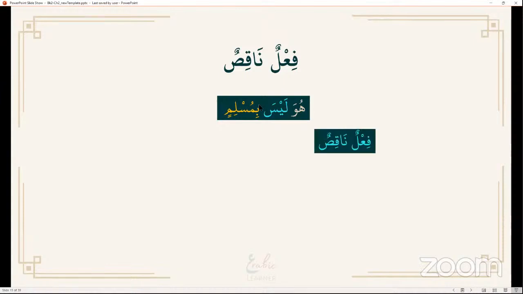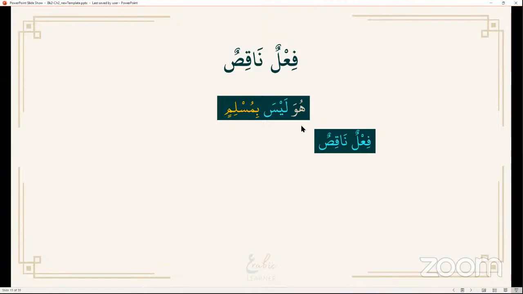Understood? So here Laysa is fi'lun naqis, you know that. And what is the ismu Laysa here? Brothers and sisters, what is ismu Laysa here? Mashallah, Sister Aisha.